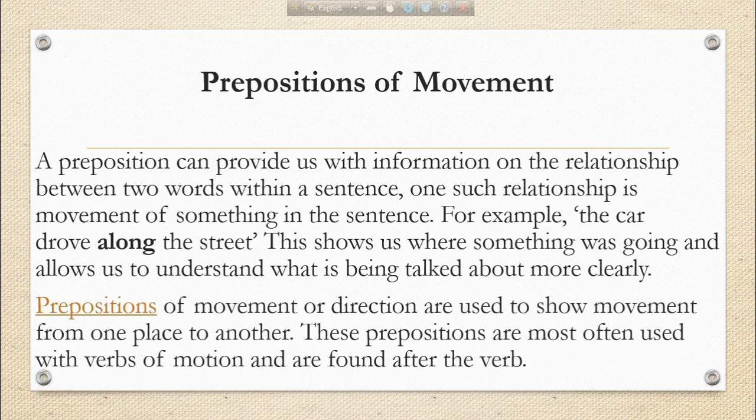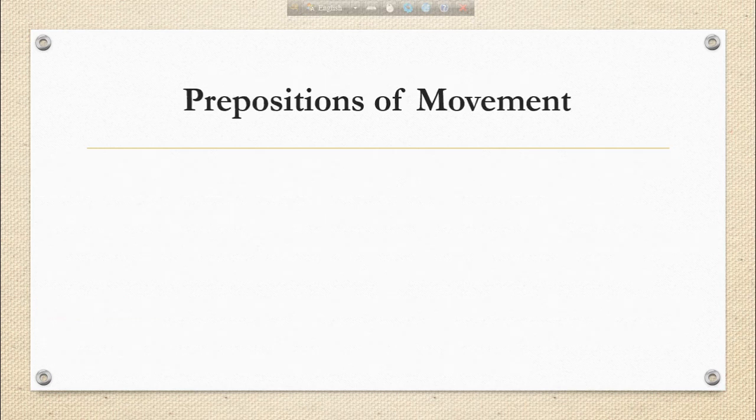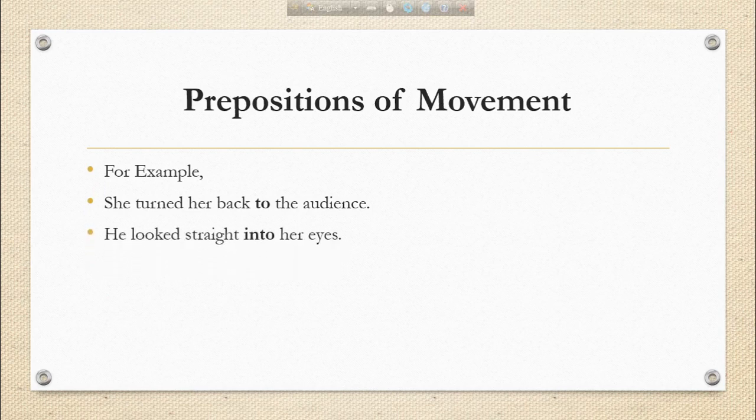So, prepositions of movement or direction are used to show movement from one place to another. These prepositions are most often used with verbs of motion and found after the verb. For example, she turned her back to the audience. He looked straight into her eyes.